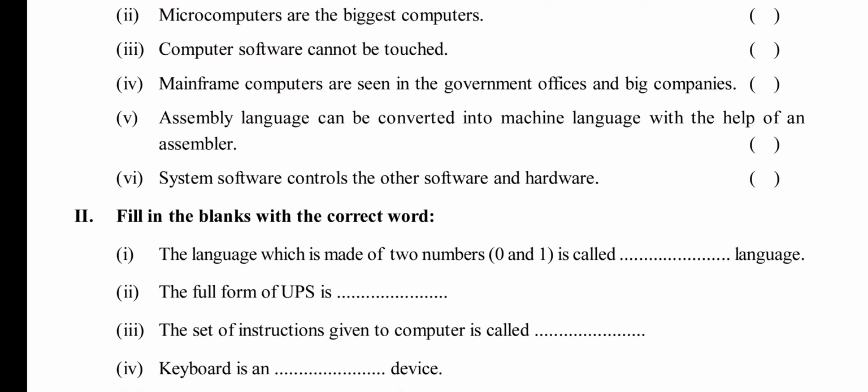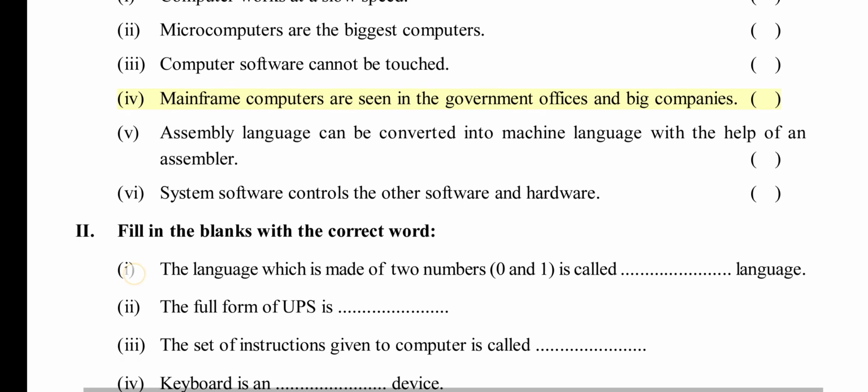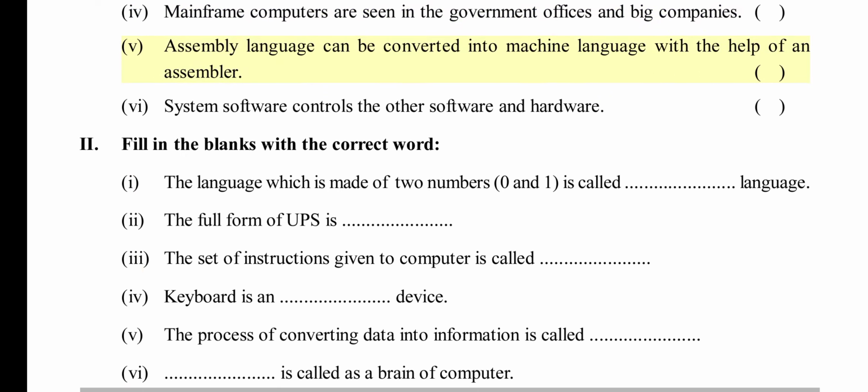Mainframe computers are seen in government offices and big companies. Assembly language can be converted into machine language with the help of an assembler. System software controls the other software and hardware.